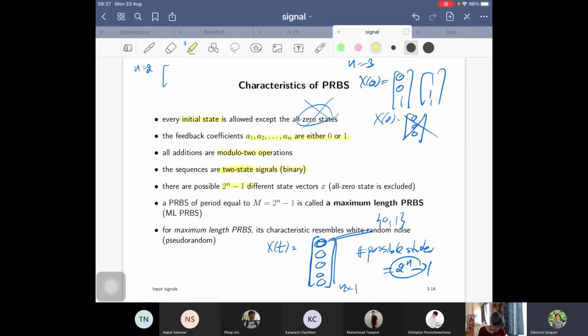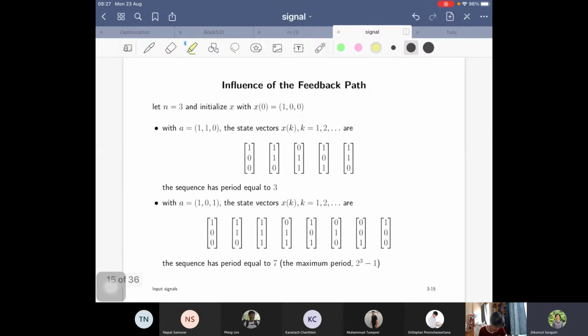We're going to come back to these two properties, but let us take a look at how the PRBS progresses using different choices of feedback coefficients.